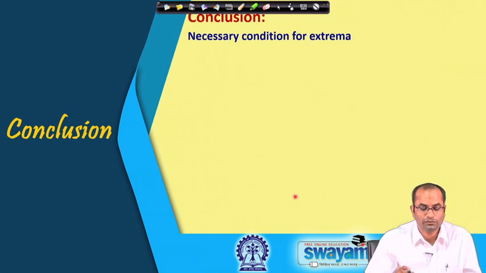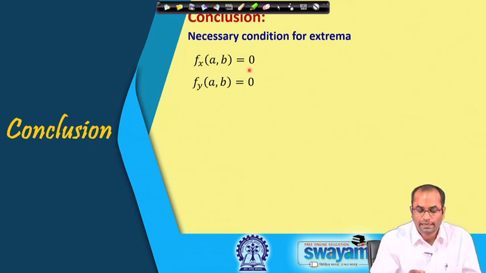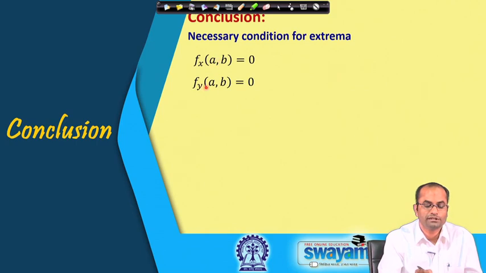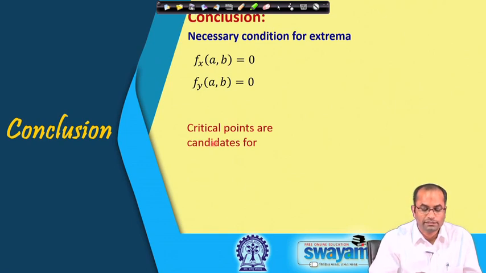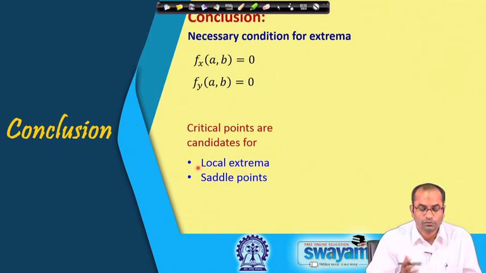So, what is the conclusion now? We have found the necessary conditions for the extrema: f_x(a, b) should be 0 and f_y(a, b) should be 0 if this point (a, b) is a point of local maximum or local minimum. And these critical points are the candidates for the local extrema and the saddle points, because the saddle points are those critical points where the local extrema do not exist.